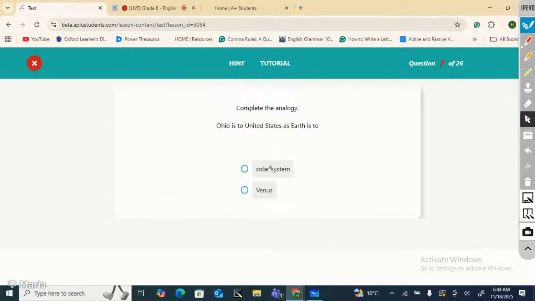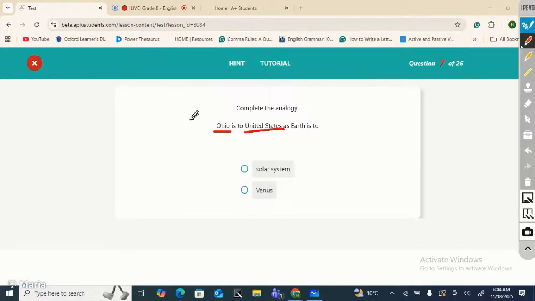Ohio is to United States as Earth is to, hmm, solar system or Venus. Ohio, it's a state in the United States.